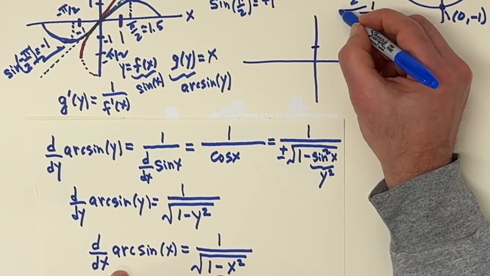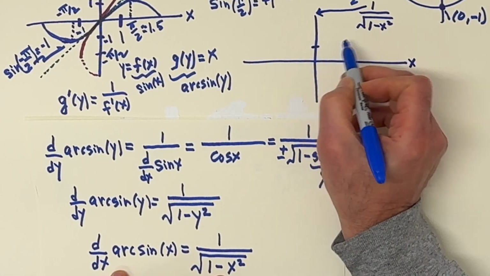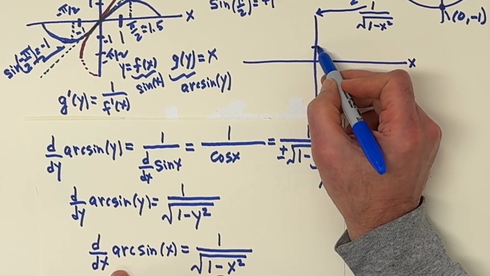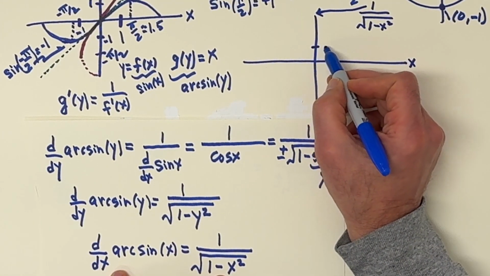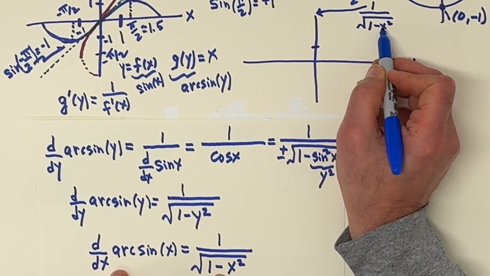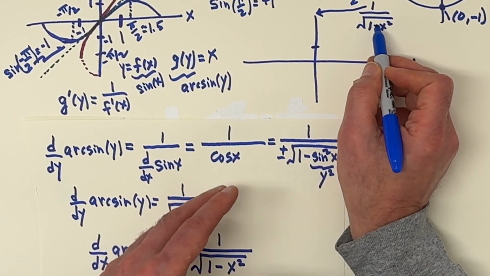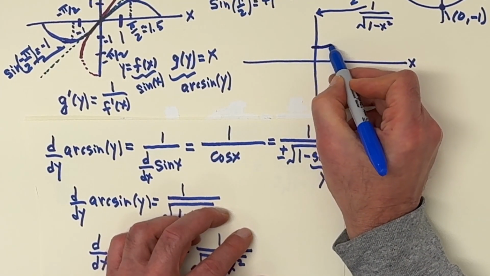So we're putting this up here, and this is our x. So the y is this function. And then as x goes to 1, well, actually, when x is growing up, this is getting smaller. You're taking the square root, and if you're dividing, you're getting bigger and bigger. So this is going to shoot up this way.